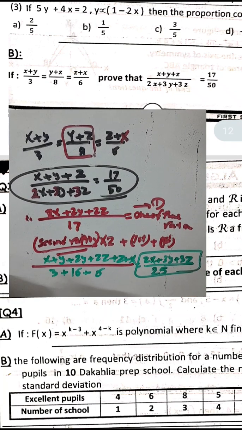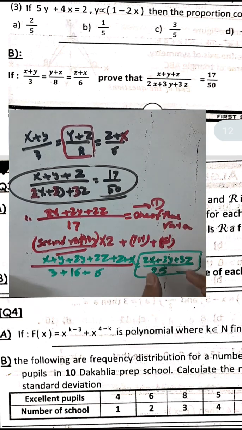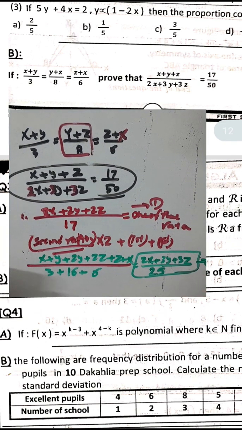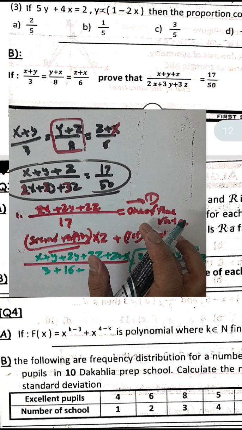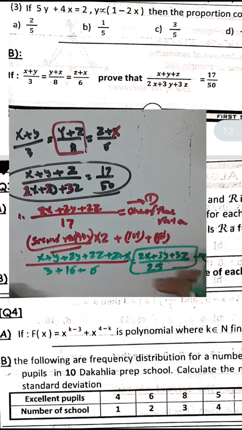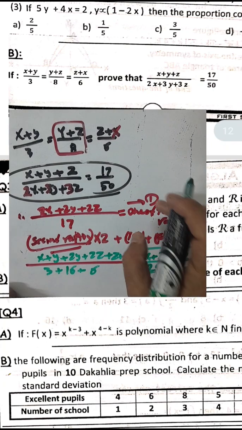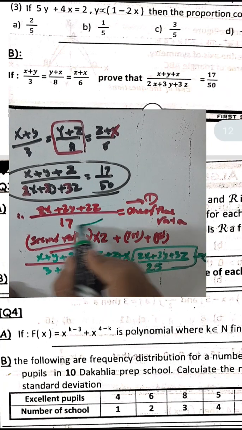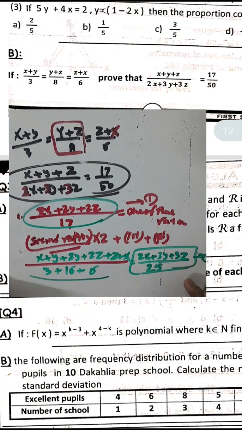We will make an equality between the first and second relation. It will be an equality because the first is equal to one of each ratio, and here it equals one of its ratio. From 1 and 2, it will be an equality. This relation will be equal to this relation number 2.